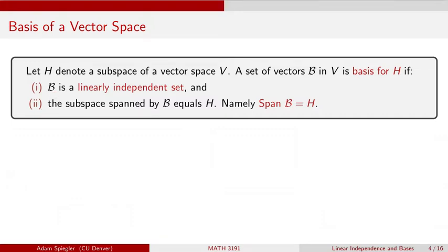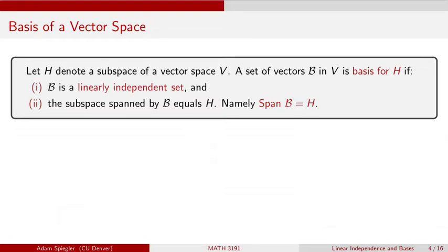The second is that this subspace that's spanned by the vectors in B equals all of the subspace H. So namely, if the span of the vectors in this set B gives us all of H, and the vectors inside B are linearly independent, then we say that this set B is a basis for subspace H.